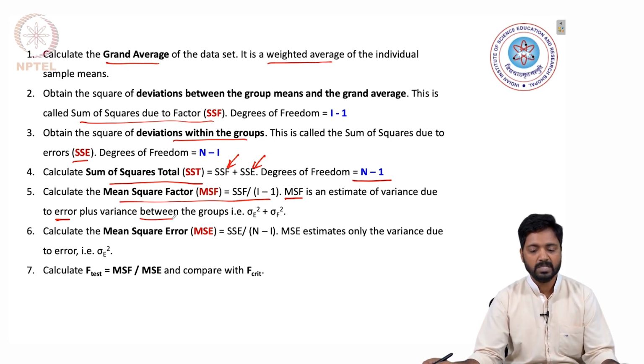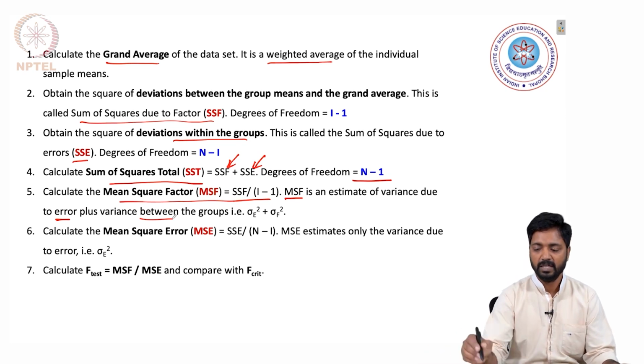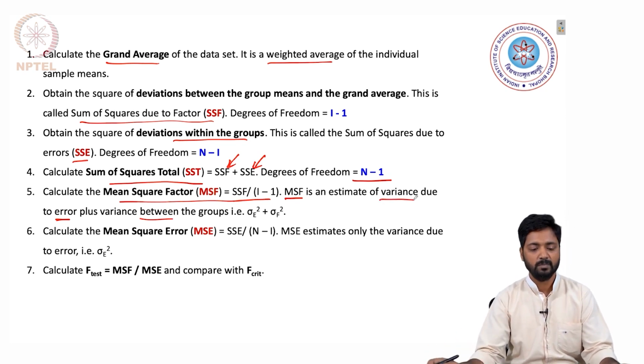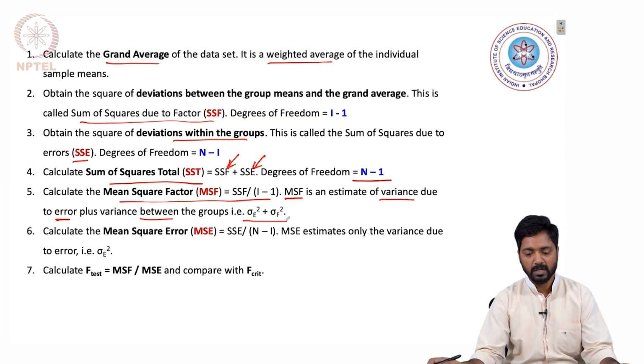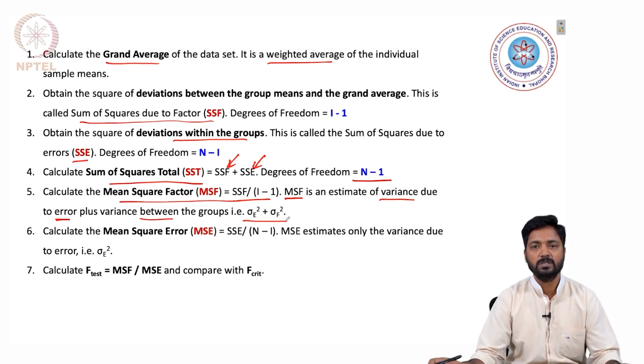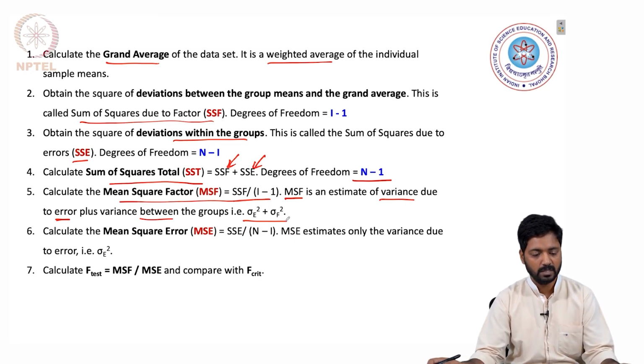So, MSF or the mean square factor takes into account both the variance coming from the error plus the variance coming from between the groups, which we have denoted as sigma E square, the variance due to errors, plus sigma F square, which is the variance due to the factor under consideration.